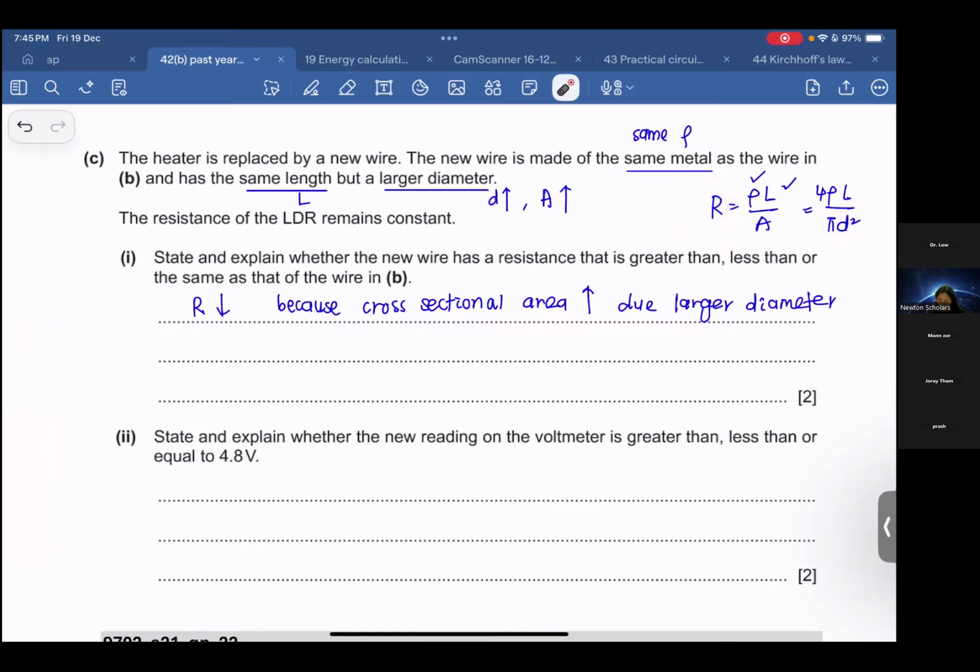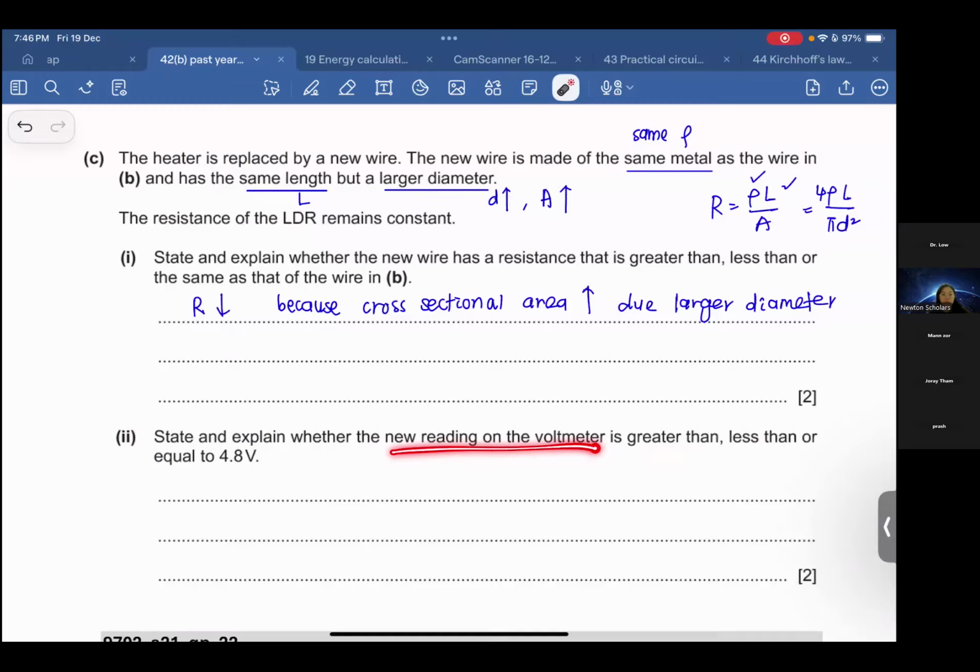Okay, state and explain whether the new reading on the voltmeter is greater than, or just now the voltmeter is across the heater. Now is it greater than, less than, or equal to 4.8? Hmm, what do you think? The voltmeter is measured across the heater.